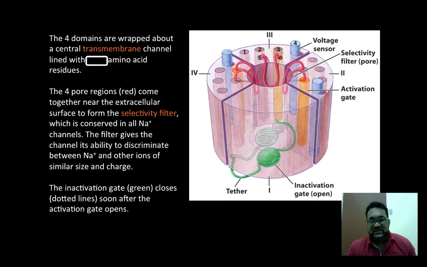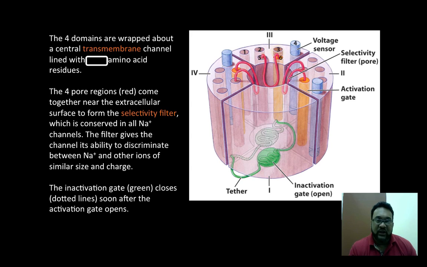So in the previous diagram, we looked at the voltage gated sodium ion channel, but we looked at it spread out. We looked at the protein from a kind of cross-section point of view. Now let's look at it from a 3-dimensional view. The 4 domains are wrapped about a central transmembrane channel lined with, and they're actually what kind of amino acid residues do you think will line the transmembrane channel?